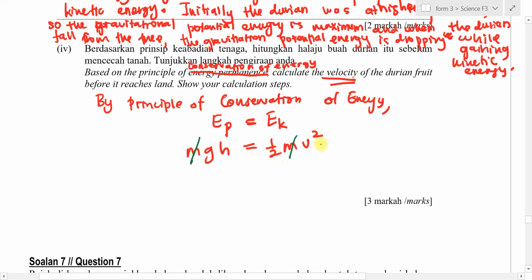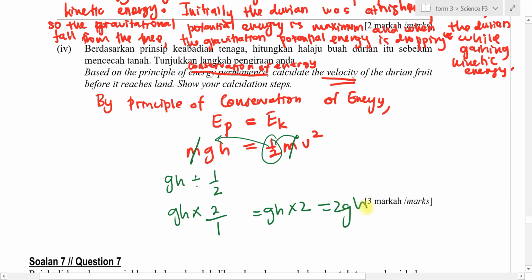Okay, now we only want to find V. So this half, we move to this side, it will become 2/1. Okay, if you don't understand, I will make you understand, don't worry. gh times 1/2 is multiplied by V square. So when it comes here it will be divided by 1/2. So gh divided by 1/2 is multiplied by 2/1. So gh times 2. That's why 2gh comes out.